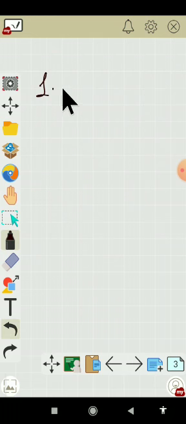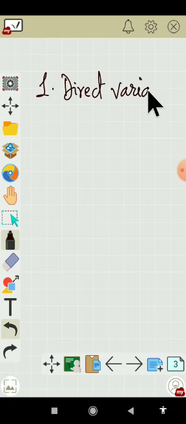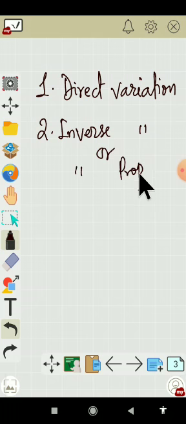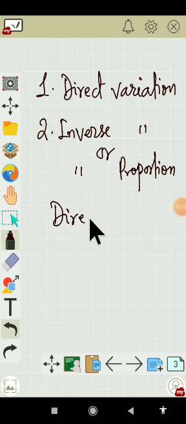First is direct variation, or direct proportion we can say, and second one is inverse variation, or inverse proportion.